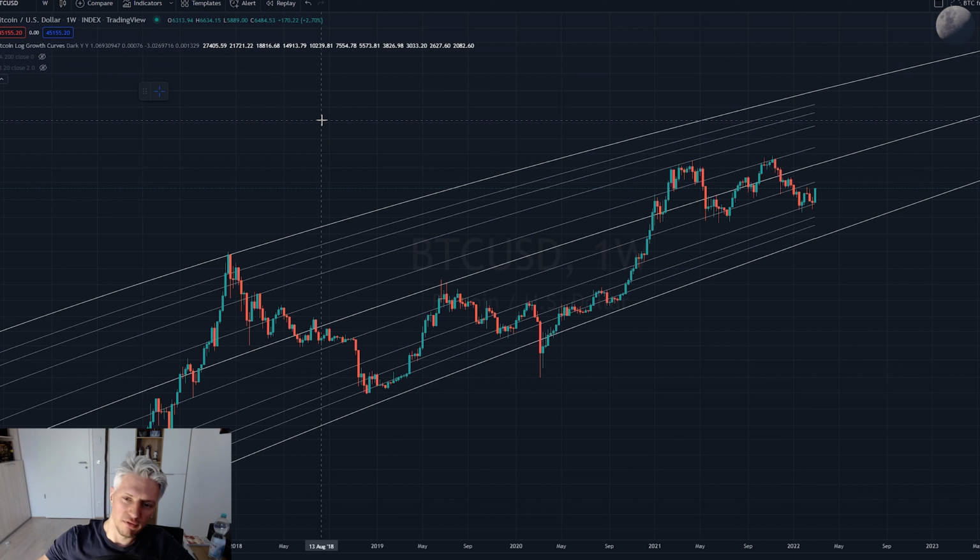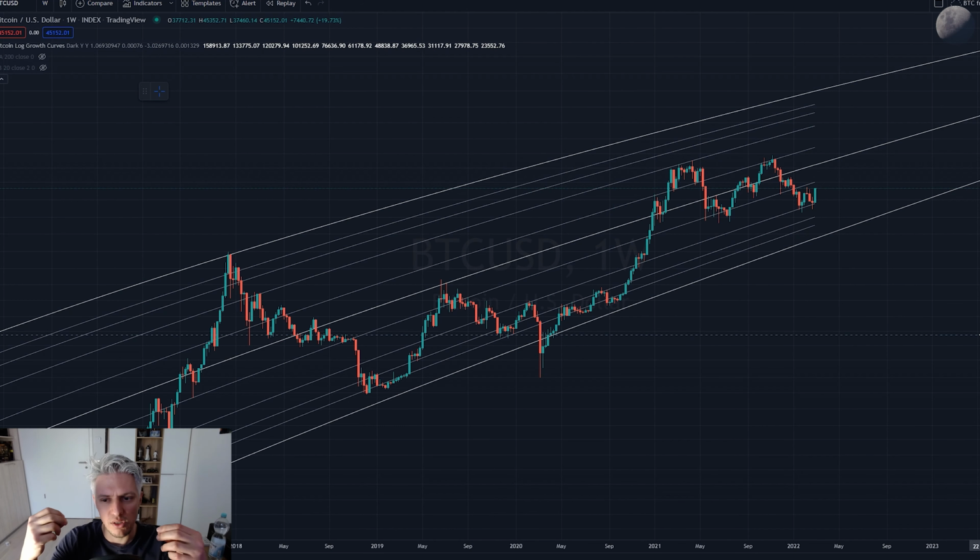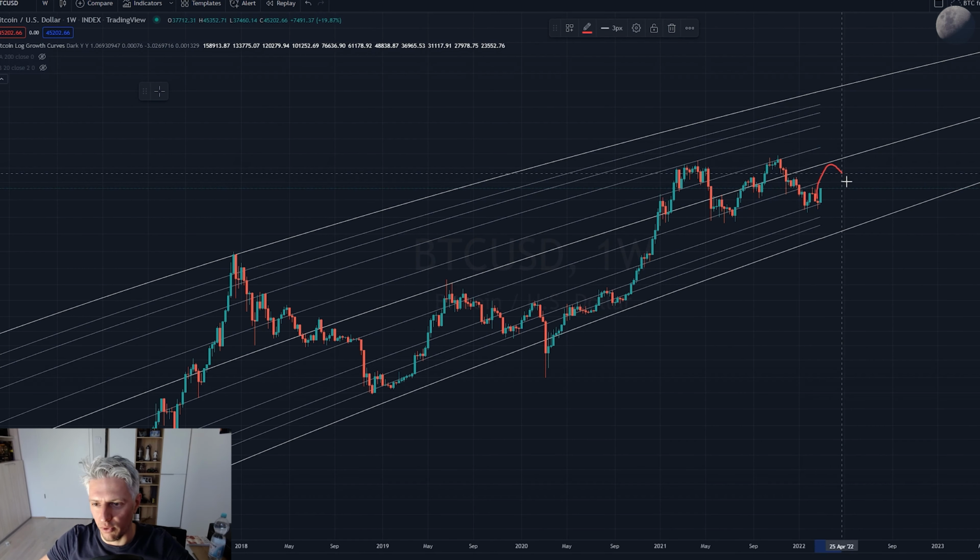Then we also have this hidden bullish divergence, which normally is an indicator for a quite massive reversal, and that we will see a quite strong rally for at least the next weeks, if not more like months, which also implies that this is not just a short-term reversal, that this is not just like, okay, we're going up and falling down again, in my opinion.